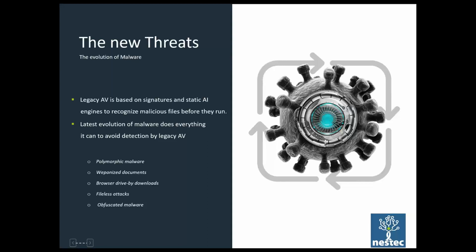Signatures are usually made by hashing algorithms, which scan the file, and based on the binary footprint of the file, create a signature, which is a hash that is unique and specific to this file. So this is reactive protection.